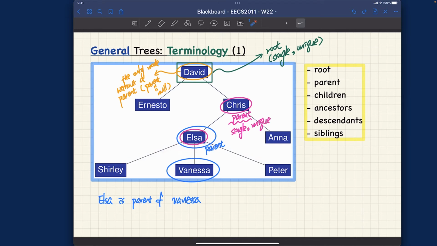Okay, and we say that Chris is parent of Elsa. By these two, what can you say if you simply say, in that case, Chris is parent of Vanessa?